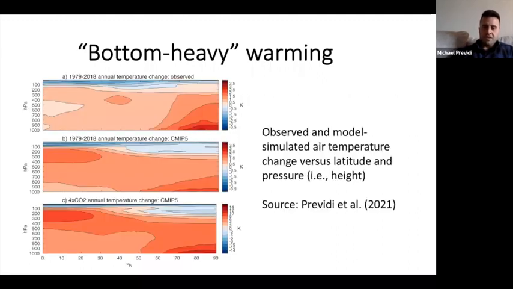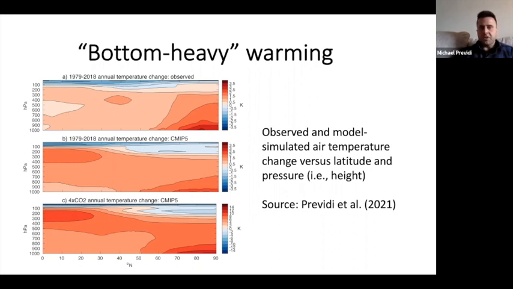Again, here's another figure from my review paper that illustrates the same thing. This is showing air temperature changes as a function of latitude on the x-axis and pressure on the y-axis. Pressure is just a proxy for height, because in the atmosphere, pressure decreases with height. So meteorologists often use pressure as a proxy for height.